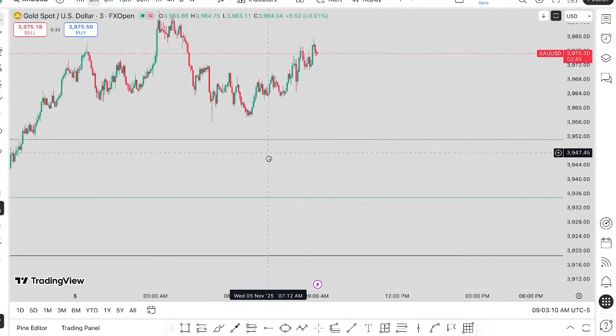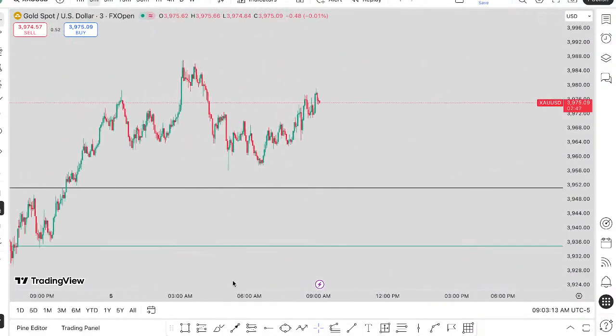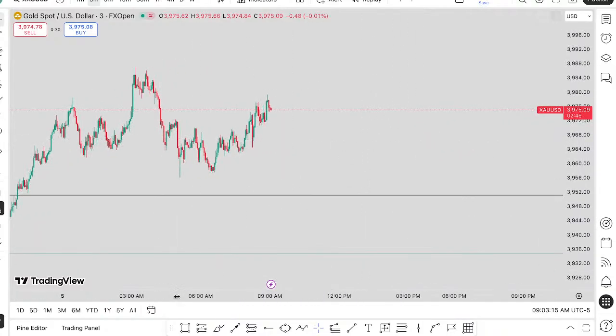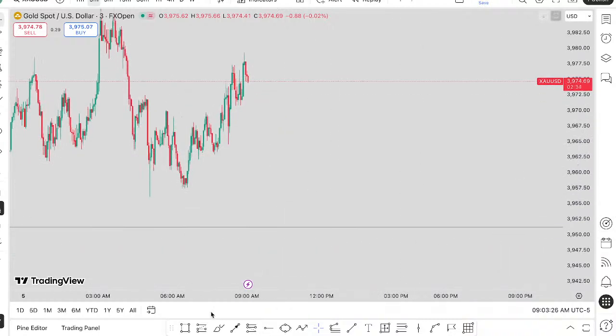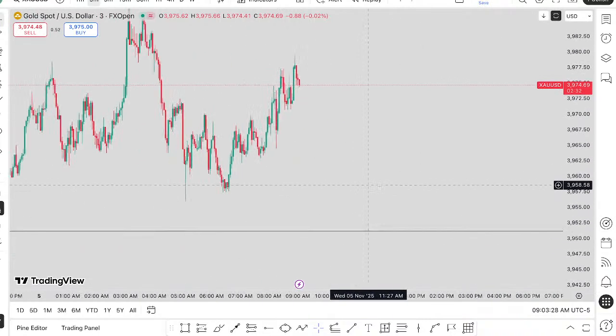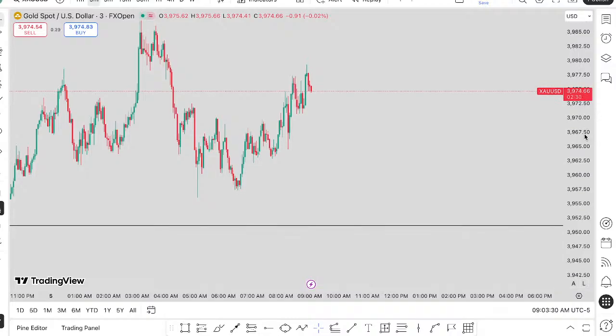Overall, well, I'm looking for the bullish market, so my bias is bullish for the day. All the trades which I'll be looking for, I'll be considering a price going up.